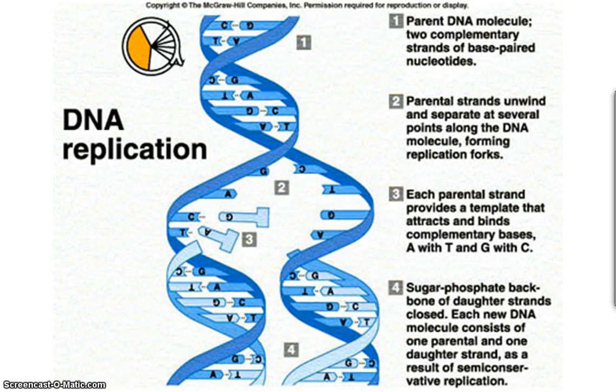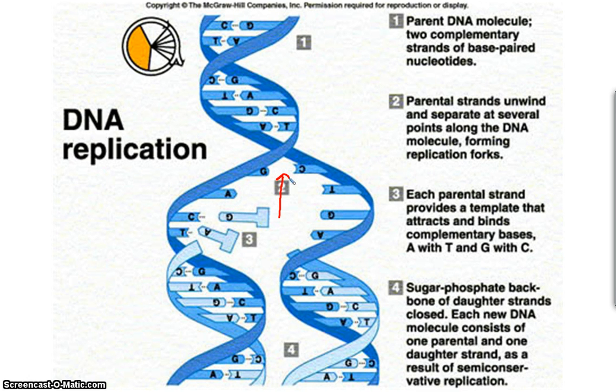If we follow through these four steps quickly, we'll start with number 1 at the top. Here the parent DNA molecule has two complementary strands of base paired nucleotides. Step number 2, those parental strands will unwind and separate at several points along the DNA, forming what are called replication forks. That's going to be right in here by the number 2.